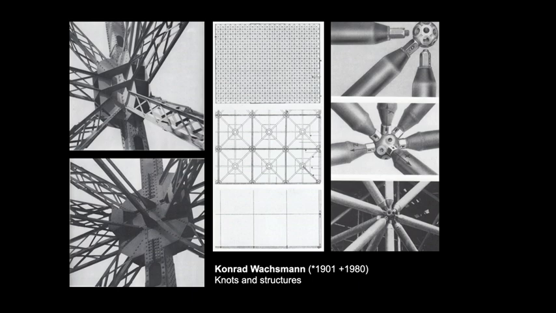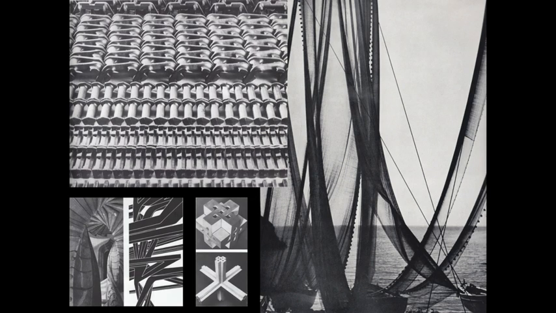So he thought about these possibilities. And there was another guy, Max Mehringhausen, who designed the Mero knot. The idea of both is to work with standardized elements and knots to create a system of construction.